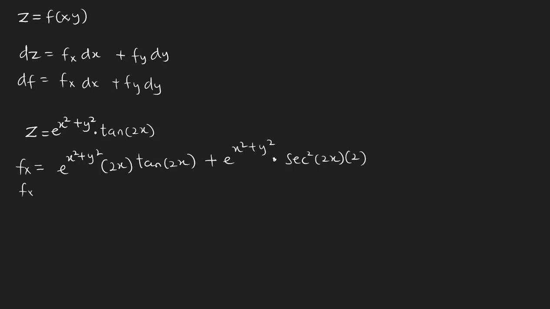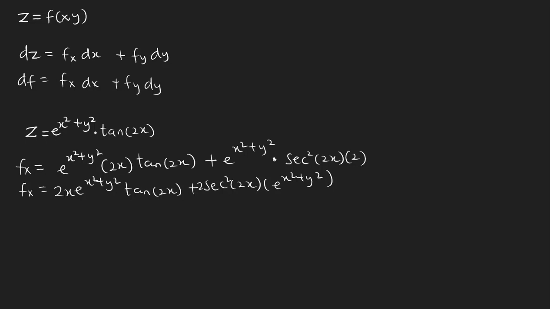So now let's simplify this. We're going to have fx equal to 2x multiplying e to the power x squared plus y squared, tan of 2x, then plus, let me bring the sec squared, that will be 2 sec squared 2x multiplying e to the power x squared plus y squared.